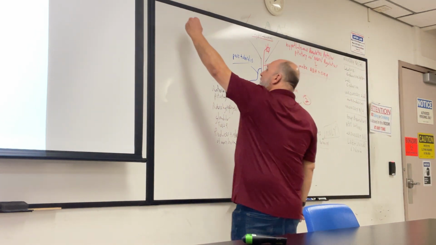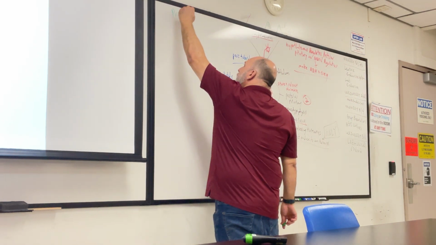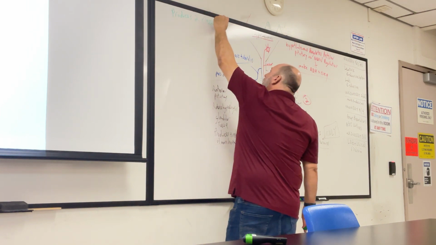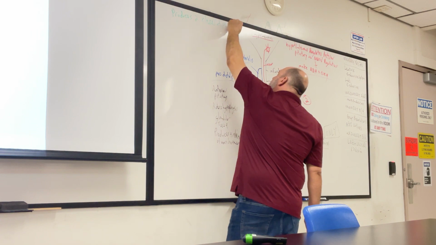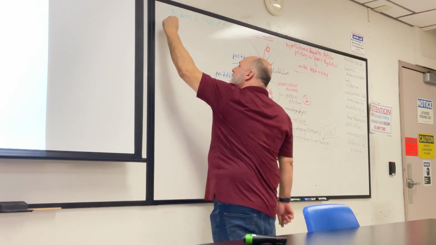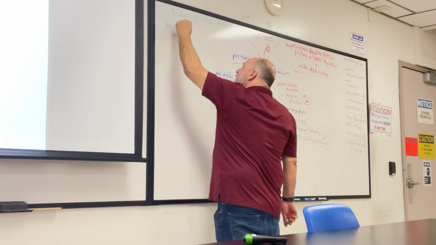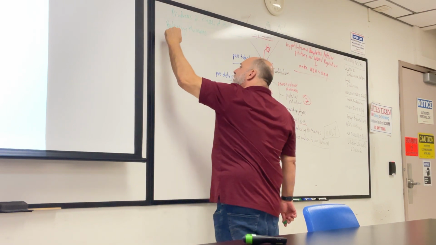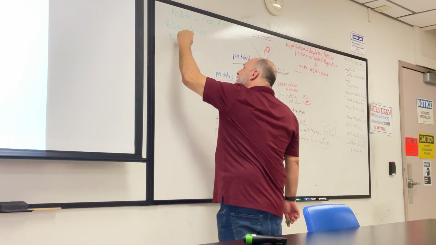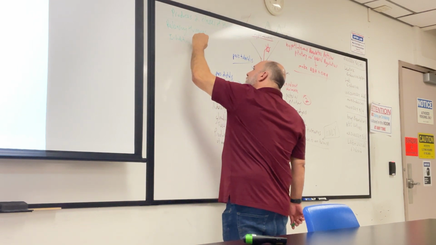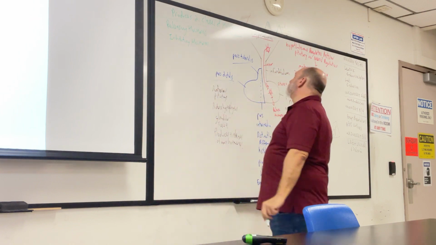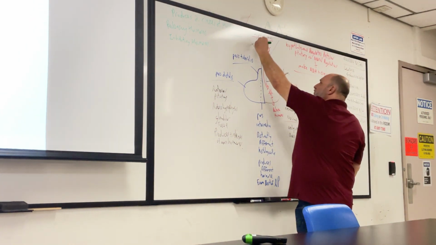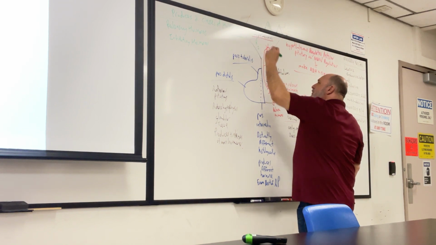Basically, our hypothalamus produces two classes of hormones. Releasing hormones and inhibiting hormones. So it's either going to produce a releasing hormone or an inhibiting hormone.